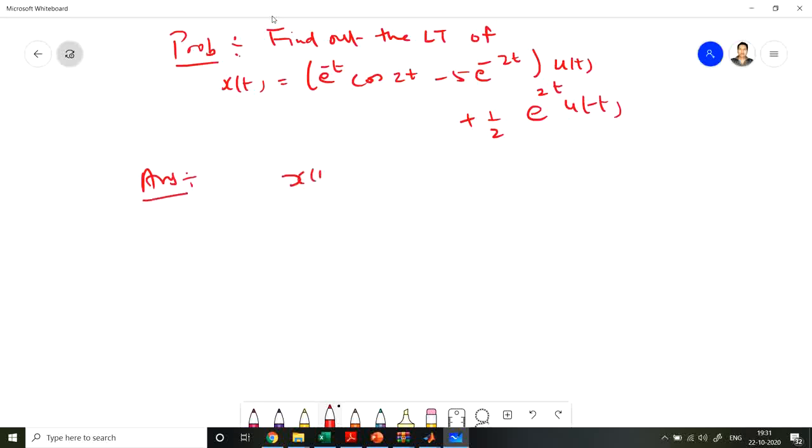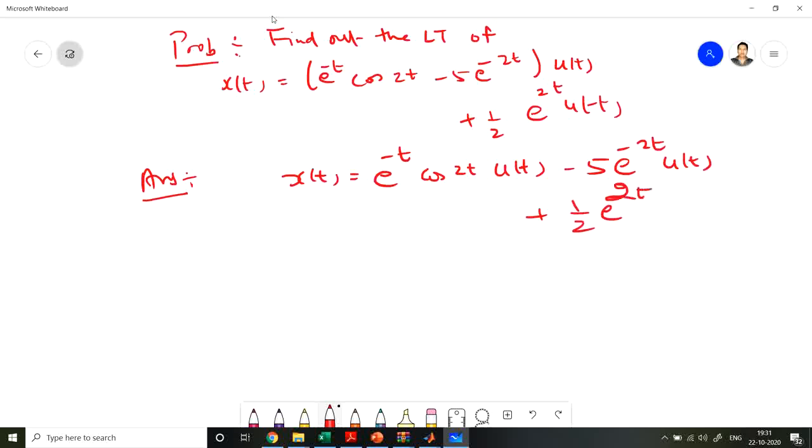So let us do this problem. x(t) equals e raised to the power minus t cos 2t into u(t) minus 5 e raised to the power minus 2t into u(t) plus 1 by 2 e raised to the power 2t into u(minus t).